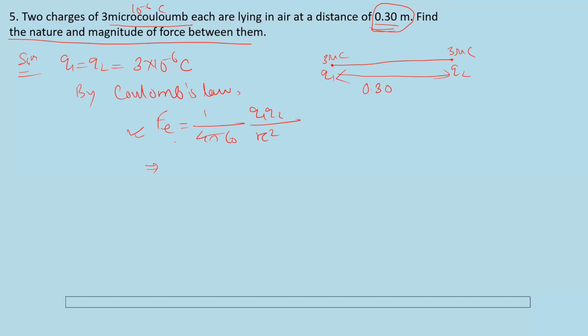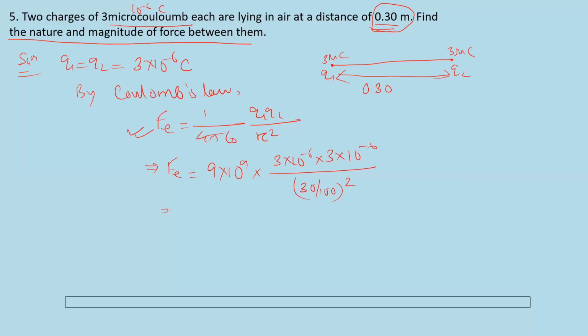So 1 by 4 pi epsilon naught is 9 into 10 to the power 9, the product of Q1 and Q2 is 3 into 10 to the power minus 6 into 3 into 10 to the power minus 6, and R square, which is 0.30, which I can write as 30 by 100 whole square.